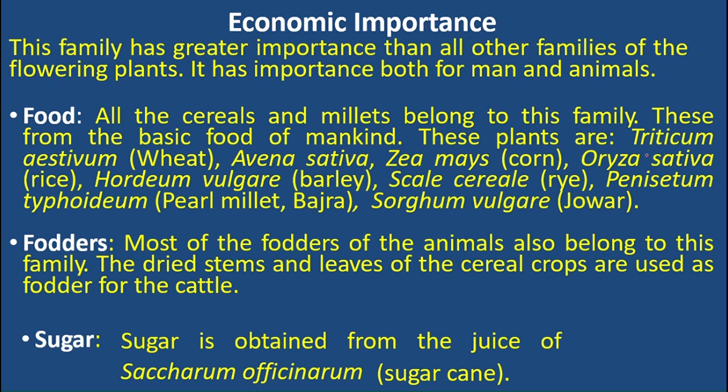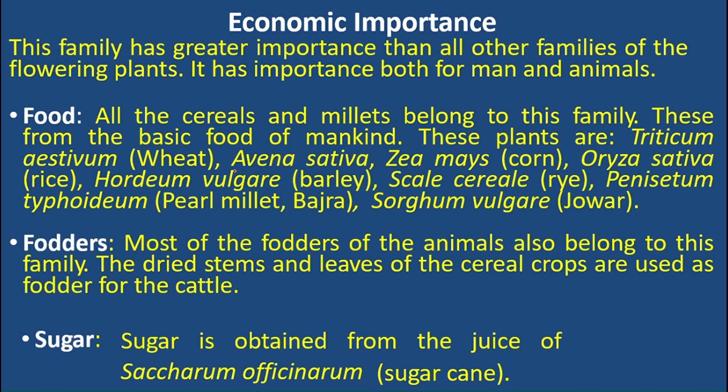These plants are Triticum aestivum, wheat plant, Zea mays, corn plant, Oryza sativa, rice plant, Hordeum vulgare, barley, Secale cereale, rye, Pennisetum typhoides, pearl millet, bajra, Sorghum vulgare, jowar. So these are all food plants.